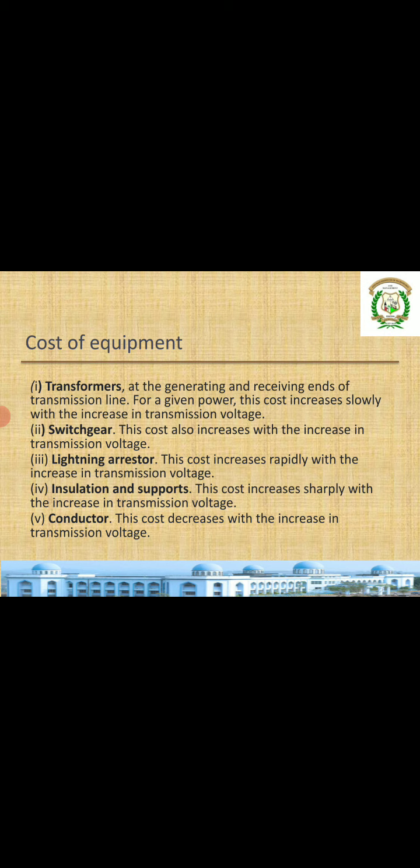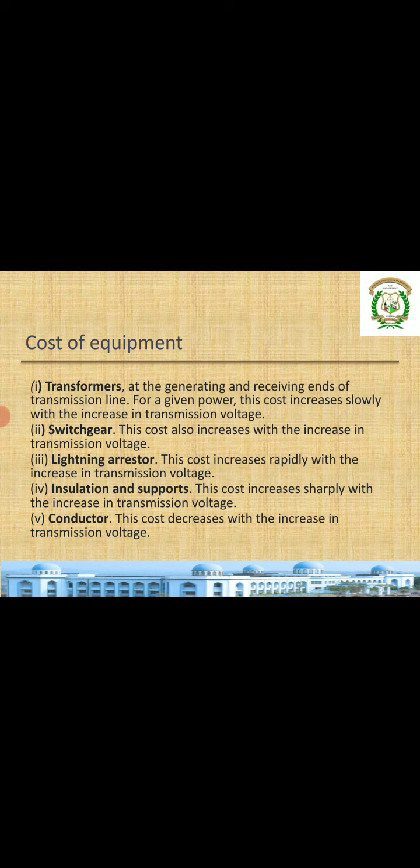Means for some power, let us assume 10 megawatt or 10 MVA, an 11 kV transformer rating gives some amount of cost. If it is for 220 kV, it has more cost. Means as the voltage is higher, for the same power, the cost of the transformer increases.